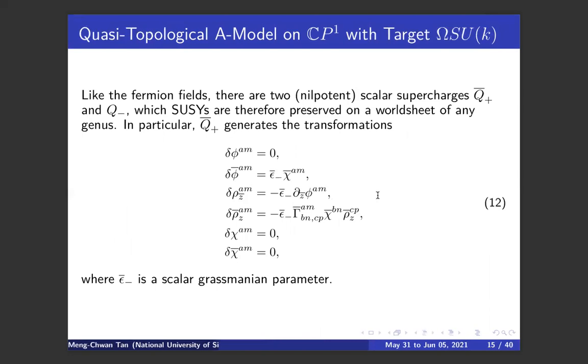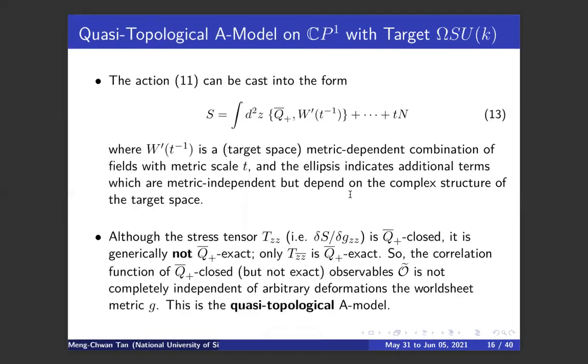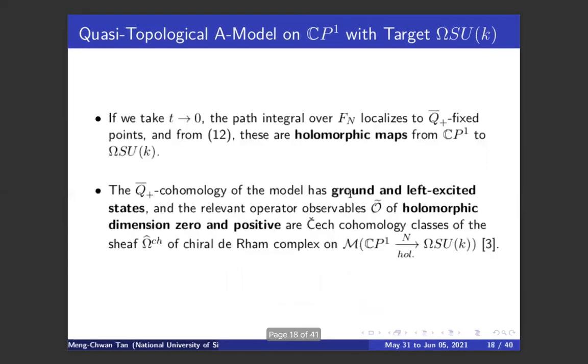Phi itself is the map from the sigma model worldsheet onto the target space, and del z bar phi equals 0 just means that the map is holomorphic. So these are holomorphic maps from CP1 to the base of the group. So the Q-plus cohomology of the model.